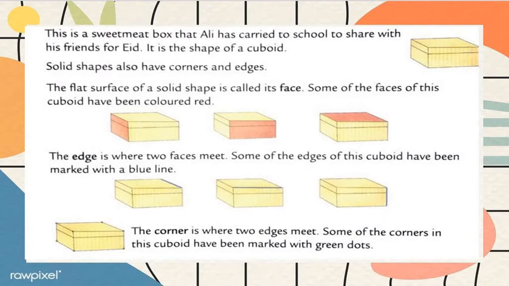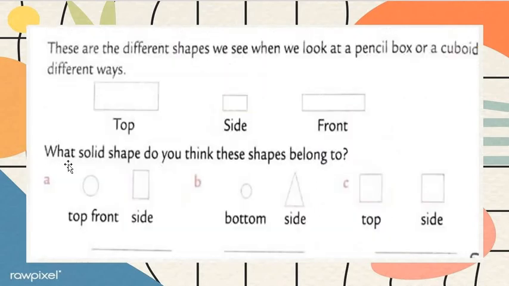Okay, now we move on further, my dear students. These are the different shapes we see when we look at the pencil box or cuboid in different ways. What do we do here? We have to identify which side, means how we see it when we look at the pencil box or cuboid in different ways.